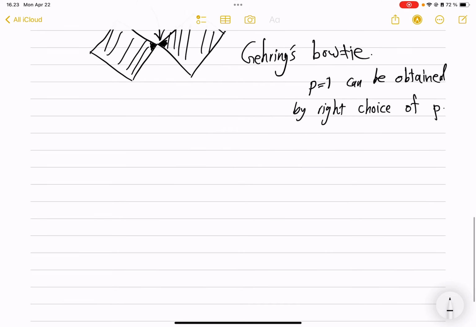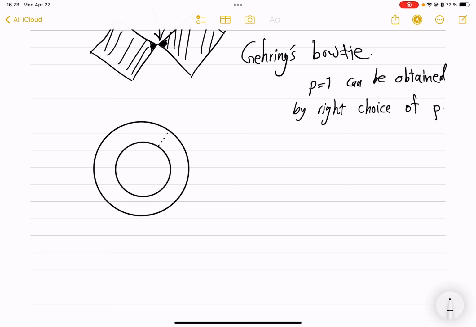Okay, the other example we had previously seen was an annulus with this line removed from it. So my space is everything except one line segment.